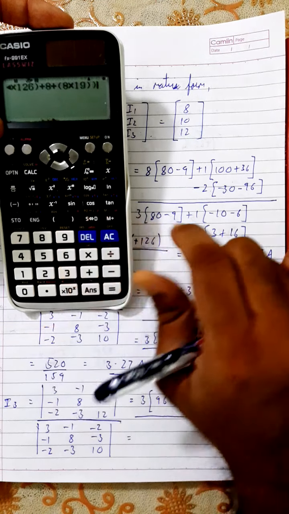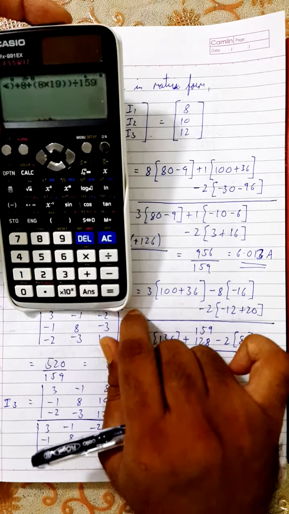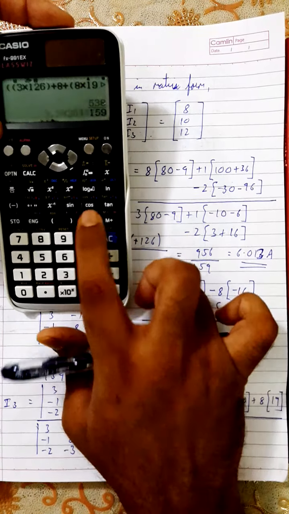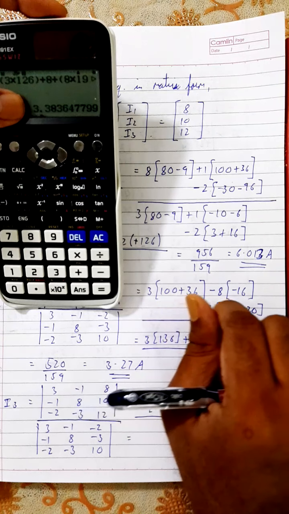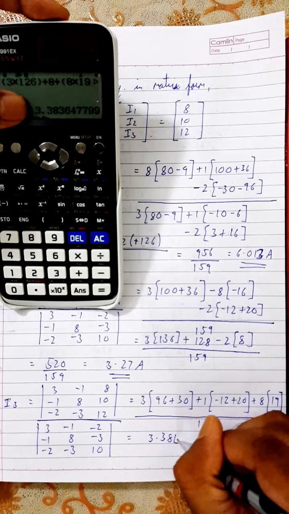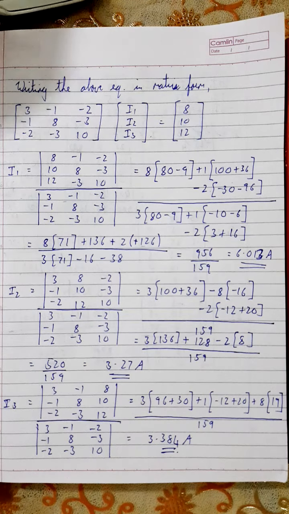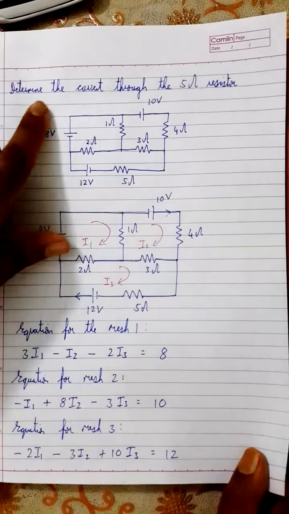That's the numerator. Divide by the denominator, 159. So we have 3.384 amperes. Okay, so now I found the value of I1, I2 and I3.